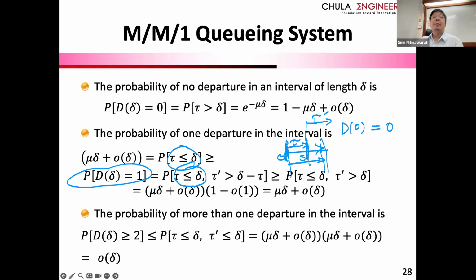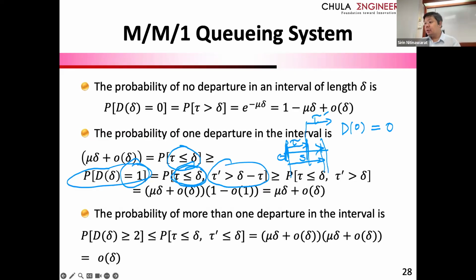Because if tau plus tau prime is less than or equal to delta, that means 2 have left, right? But since I know it's only 1, in addition to tau less than or equal to delta, I also know that tau prime is larger than delta minus tau. Because if tau prime is less than or equal to delta minus tau, there must be at least 2 that have left, but I know there's only 1 that has left.